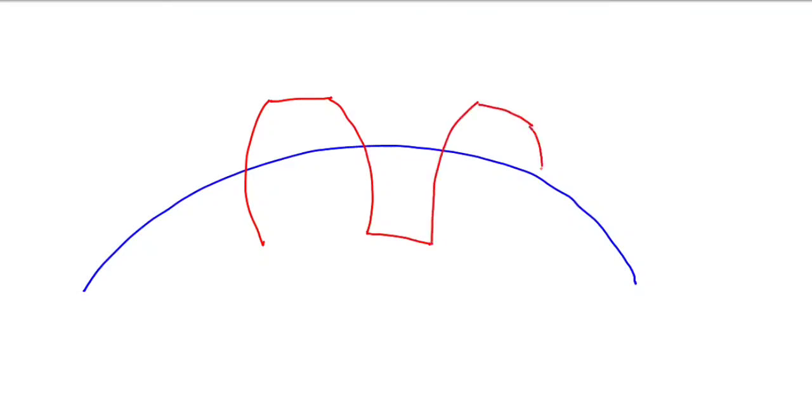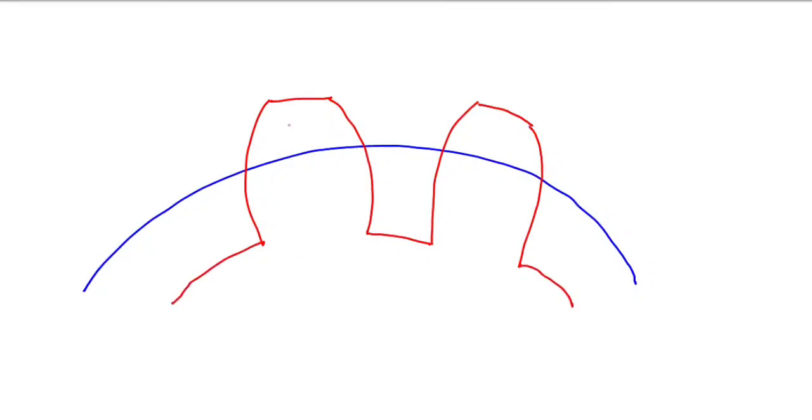So this is how the pitch circle looks. Suppose this is my pitch circle, and this is how the teeth are situated. This is the first tooth, and suppose this is the second tooth. We need to draw only two teeth to understand the gear terminology.